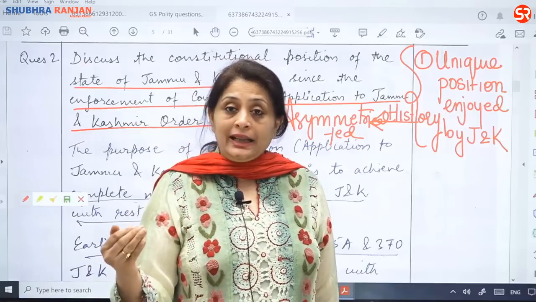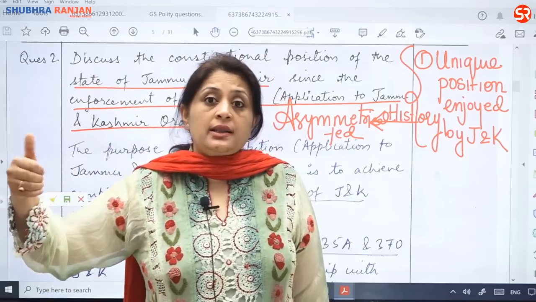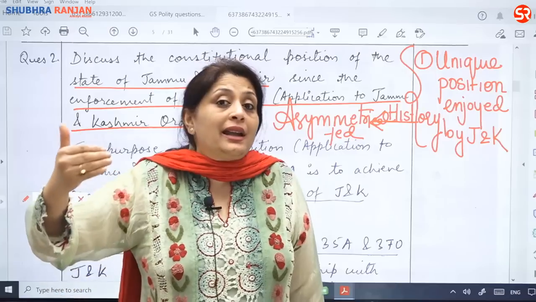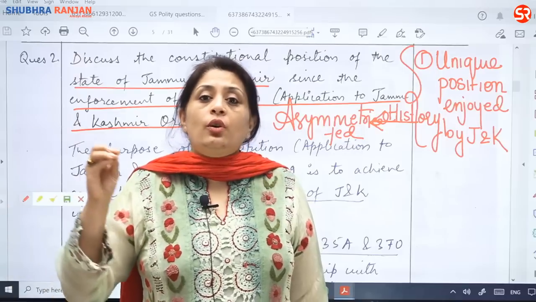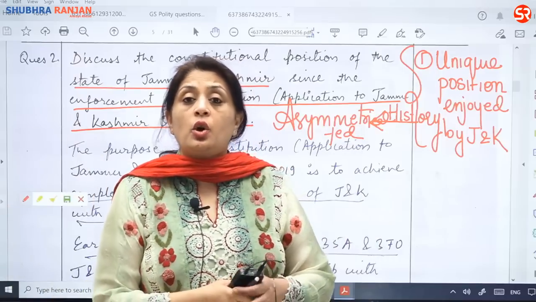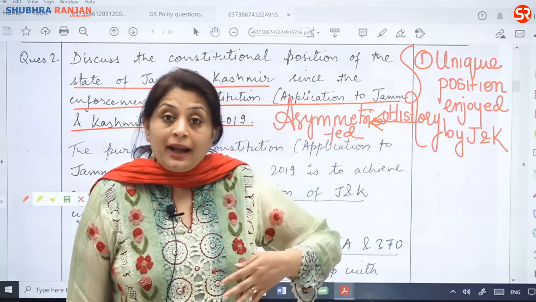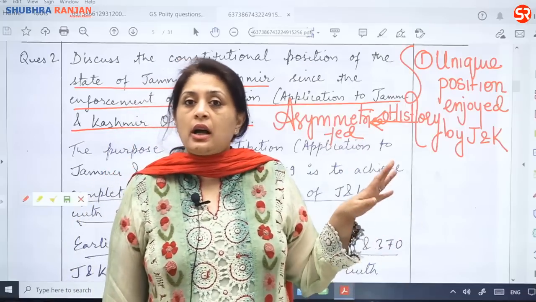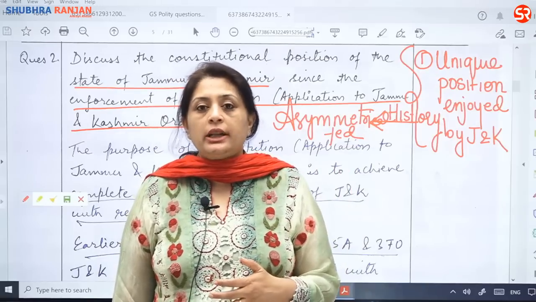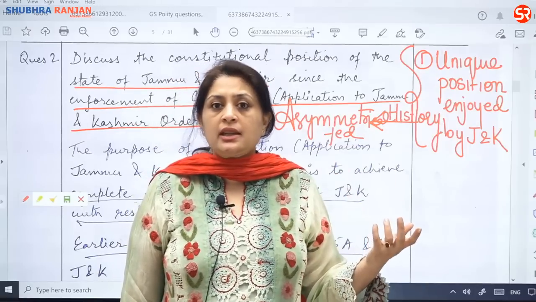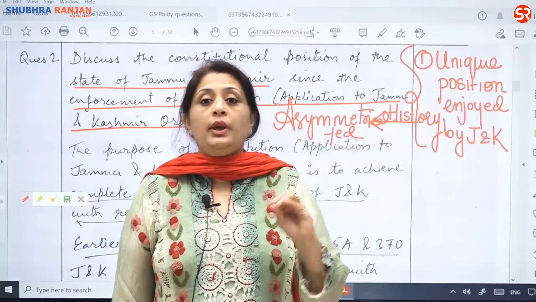From the 1980s, because of the US policies in Afghanistan and the rise of Islamic fundamentalism, we also see the strengthening of the separatist trends in the region. Gradually, Chinese ambitions are also increasing, and Pakistan, as a proxy state of China, is working in the Chinese direction to fuel the insurgency in Jammu and Kashmir.